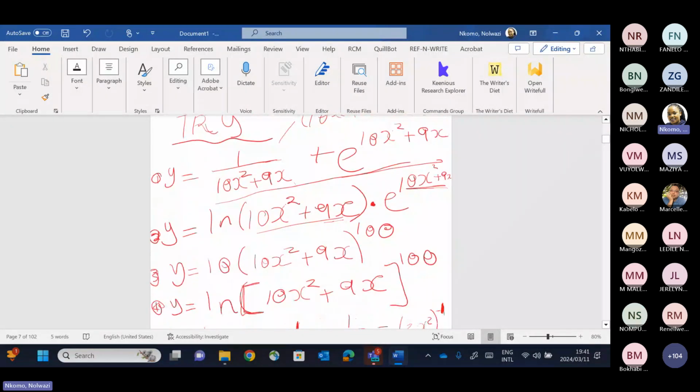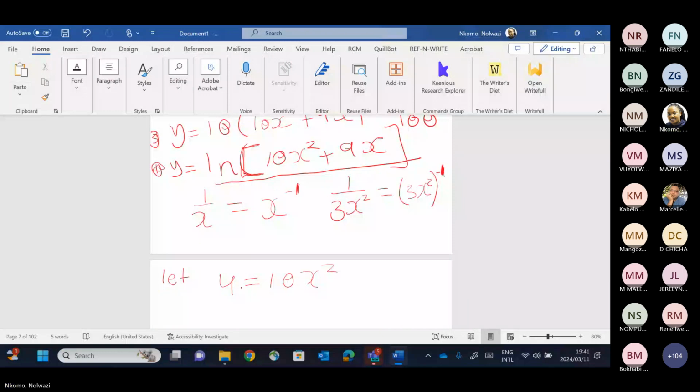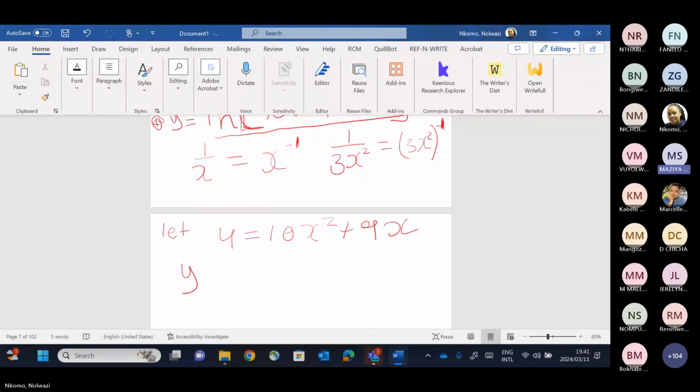Okay, I'm going to do this one, right? If we let u be 10x squared plus 9x, we'll have something like this: y equals ln u to the power 100, right?